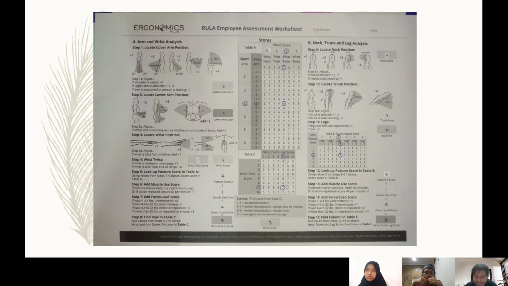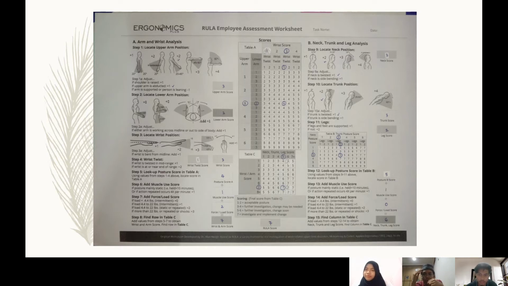Okay, so for section B, it is also the same as section A and section C. It is also determined by the alignment or the posture of the worker, or in our case, the cashier. So for step 9 and step 10, we focus on the neck of the cashier.